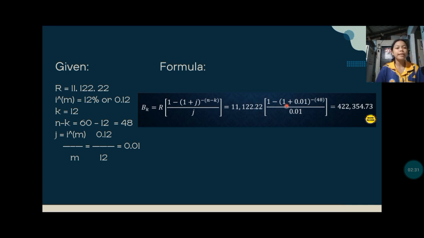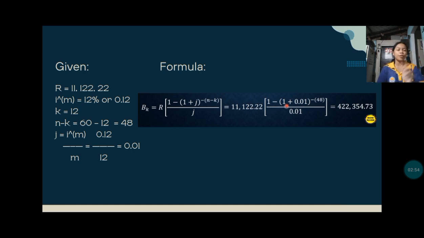Now, to find our j, as I said earlier, we're just going to take the interest rate divided by our conversion period. So 0.12 divided by 12 is equal to 0.01. That's the value of our j.